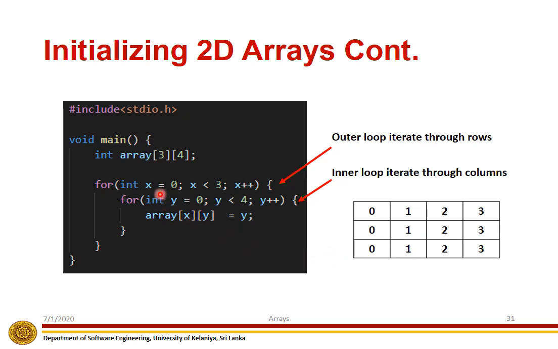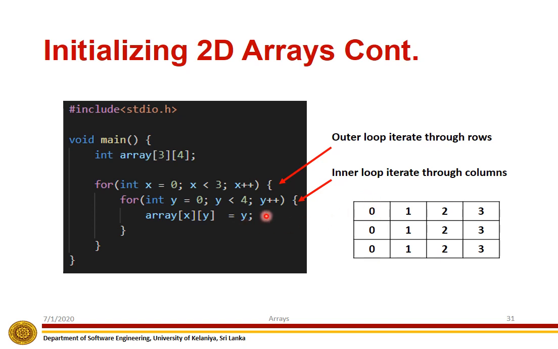So in here first x is 0, 0 is less than 3, it will go to the inner loop. y is 0, 0 is less than 4. So now it will go to the statement. Array index here x is 0, y is 0, then the element is also 0. So it will store in here, 0th row and 0th column.